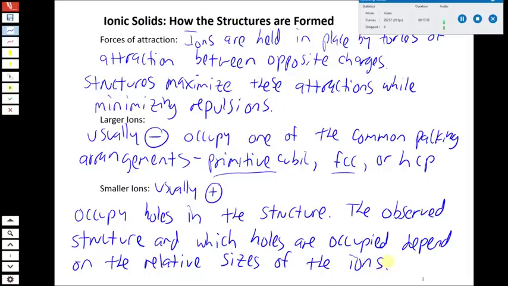So that's the one key criterion we look at to decide which structure a compound occupies: the relative size of the ions.